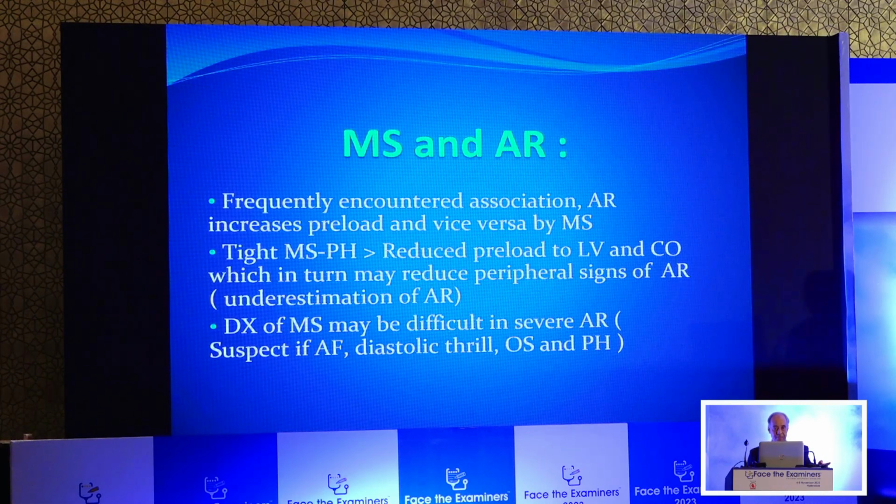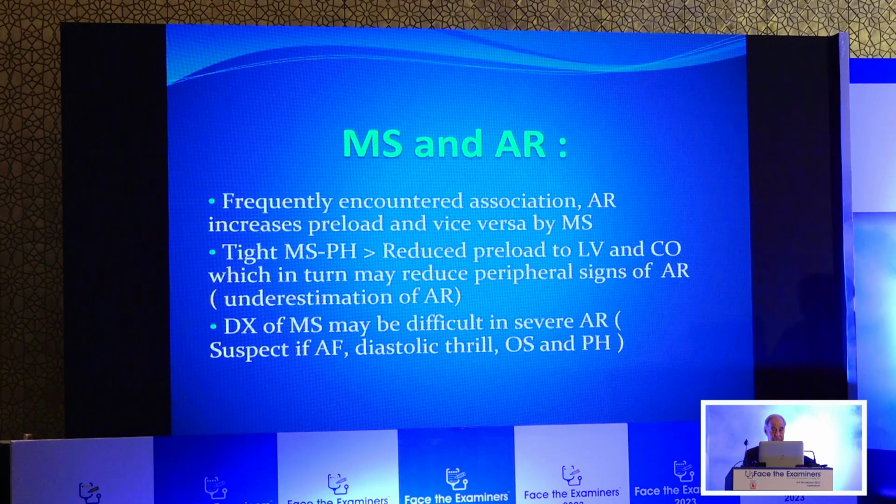Is the AR significant? Can the AR be moderate? And then you start this thing. But if you know the logic behind it, in patients of mitral stenosis, particularly that mitral stenosis which is severe with reduction in cardiac output and severe pulmonary hypertension, where preload has got reduced, you can underestimate aortic regurgitation.